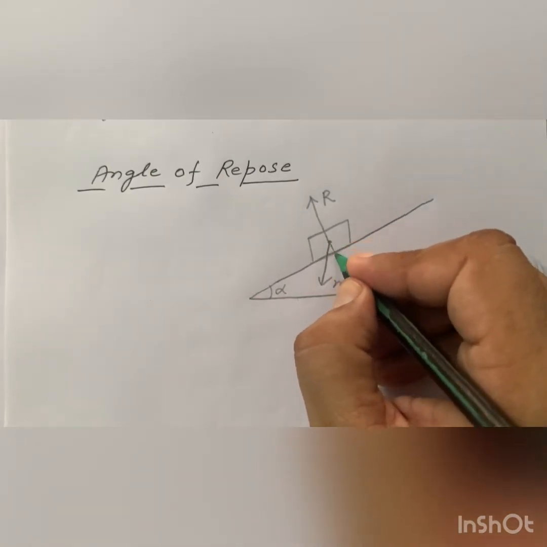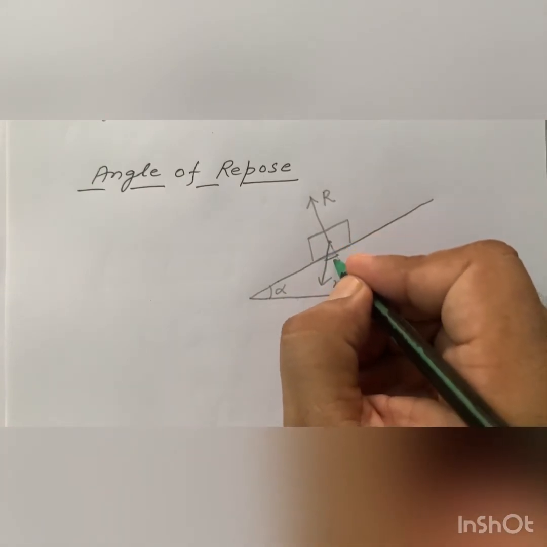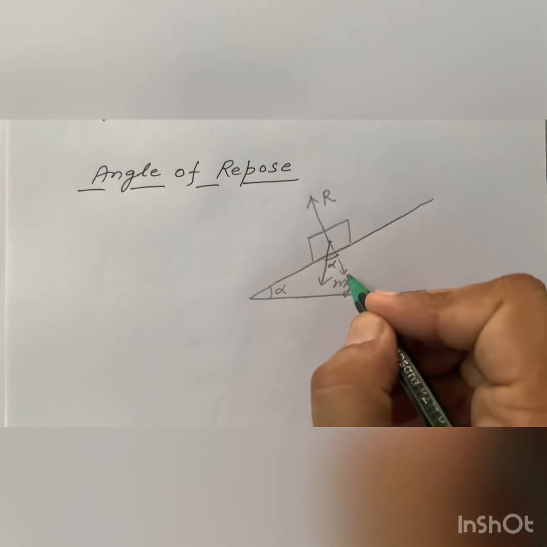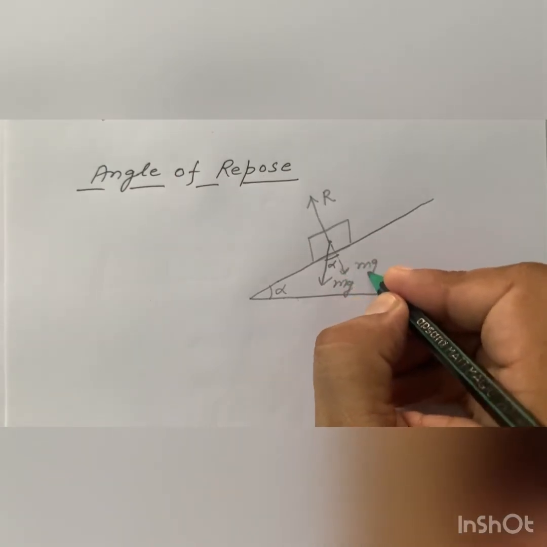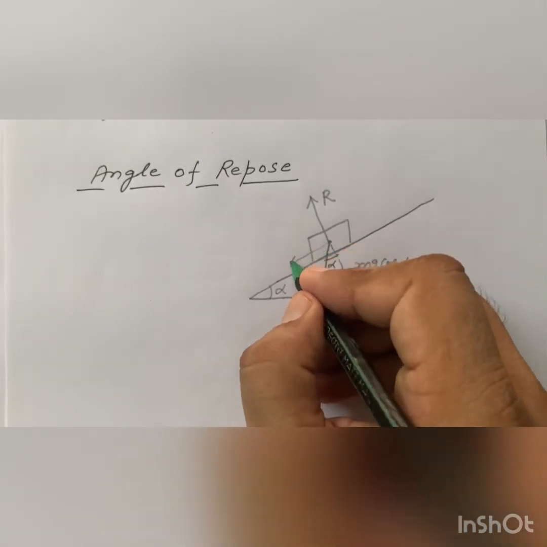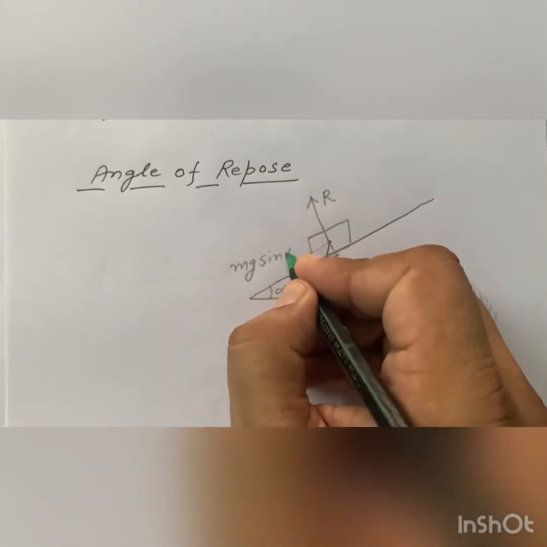Here, if this angle is theta, this angle is also theta. Now, the component of mg along this direction is mg cos alpha, and along this direction is mg sin alpha.